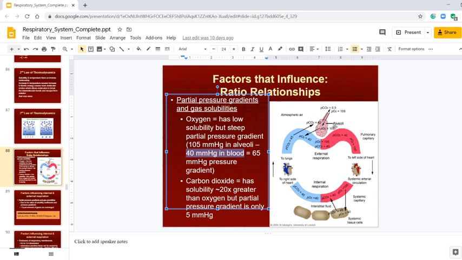So we have this high 105 here, and 40 here. So that oxygen travels from high to low. It is going to travel into this vessel, right?